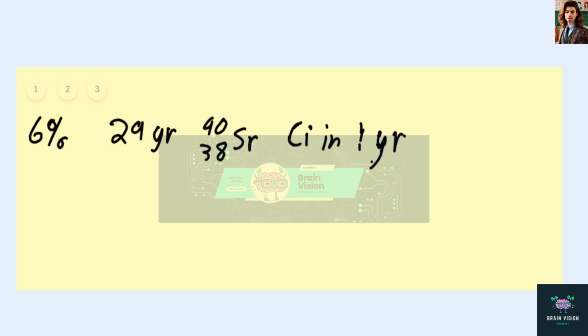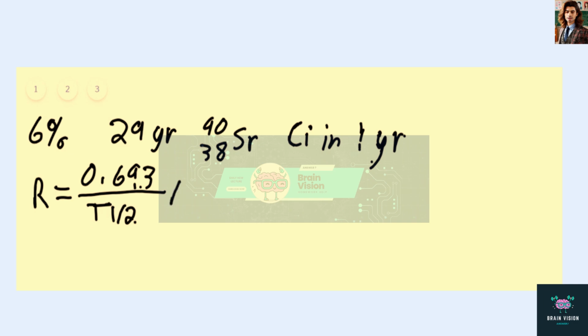The expression for the activity of a radioactive sample in terms of number of radioactive nuclei is R equals 0.693 divided by the half-life, times N, which is the number of radioactive nuclei.